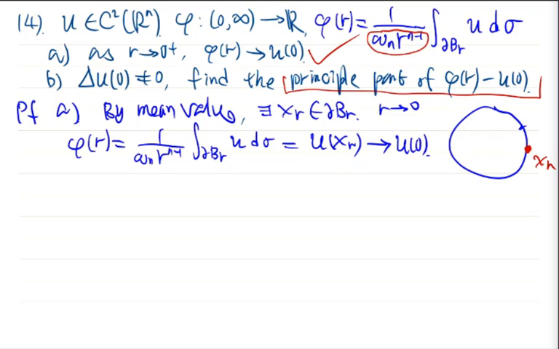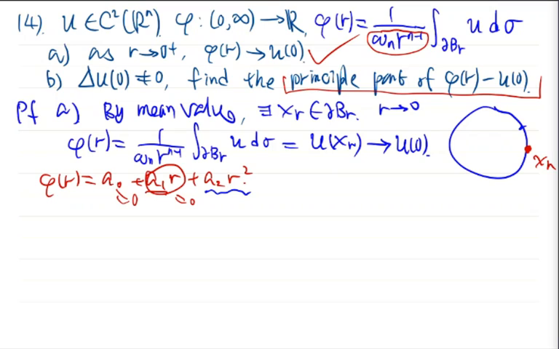For example, if phi r is A0 plus A1 r plus A2 r squared, and A0 is 0 but A1 is 0, then this is not the principal part. But if A1 and A0 are 0 but A2 is not 0, then the principal part is A2 r squared.